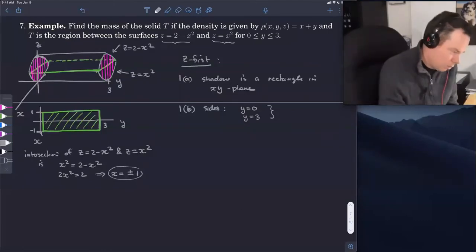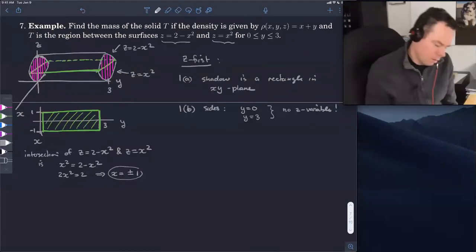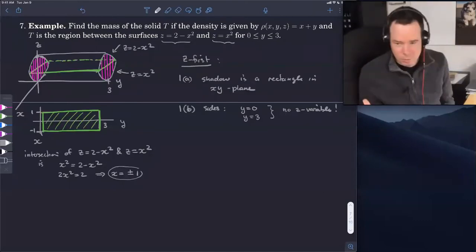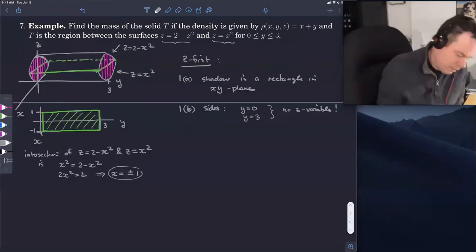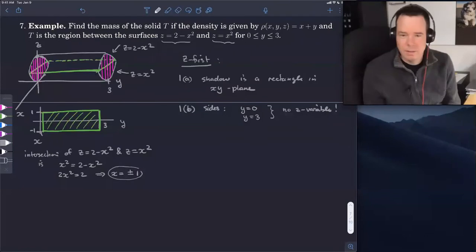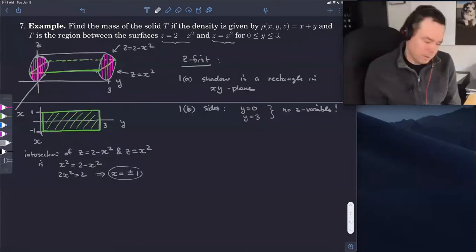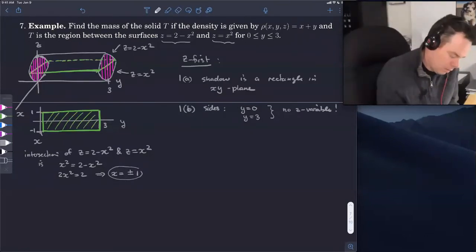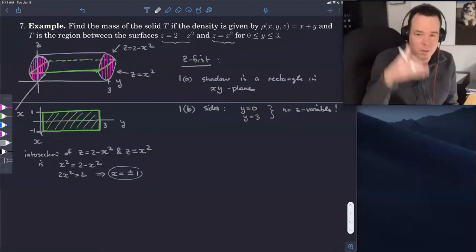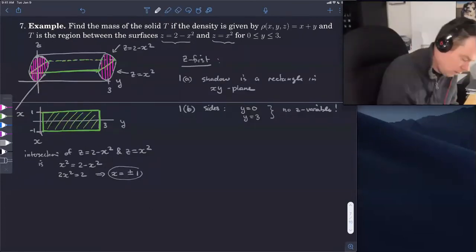So just a note here, there's no z variable. That's an indicator of a side. So if you're looking at sides and you write down something and you've got a z in it, then you know something's gone wrong, because sides are independent of the z value. They are straight lines along the z direction.